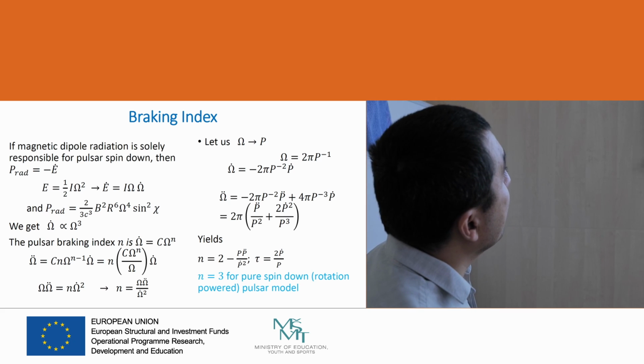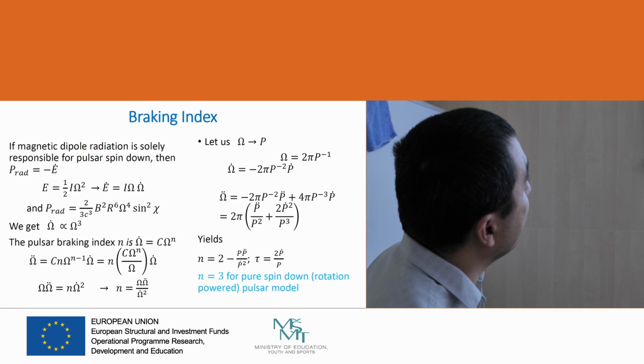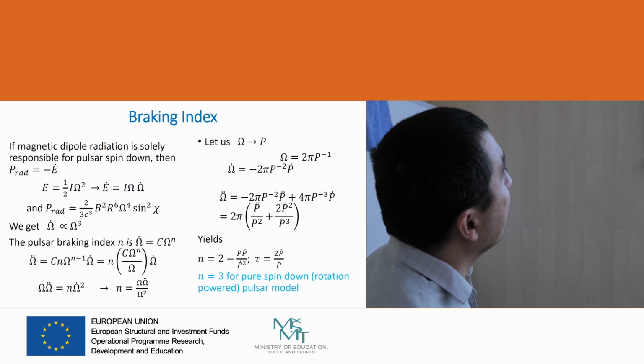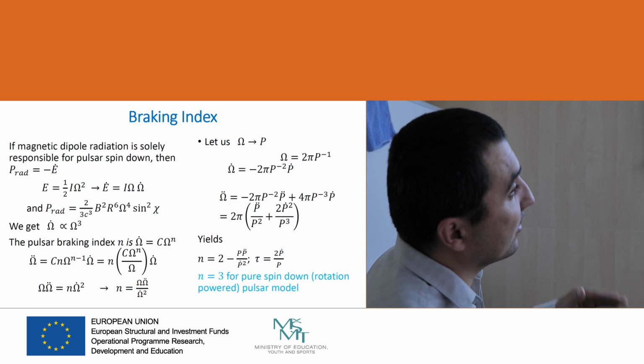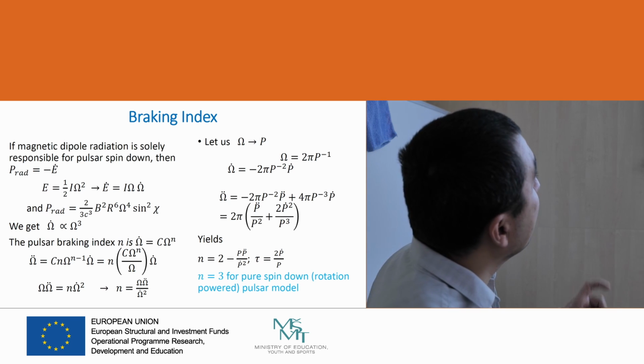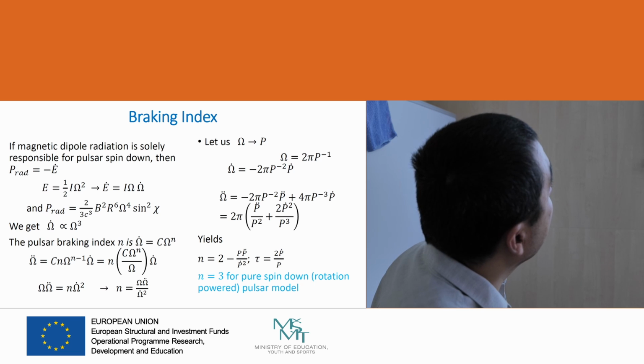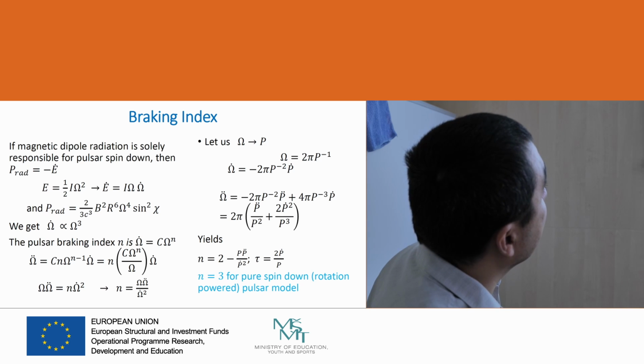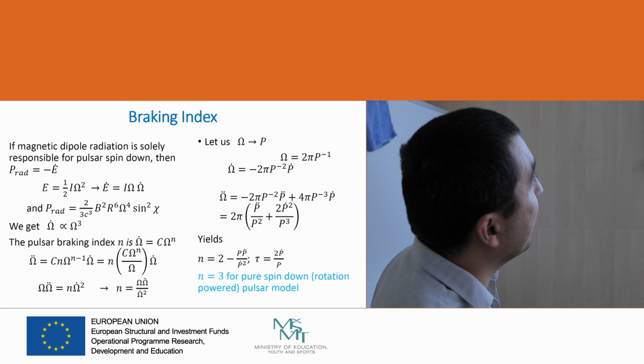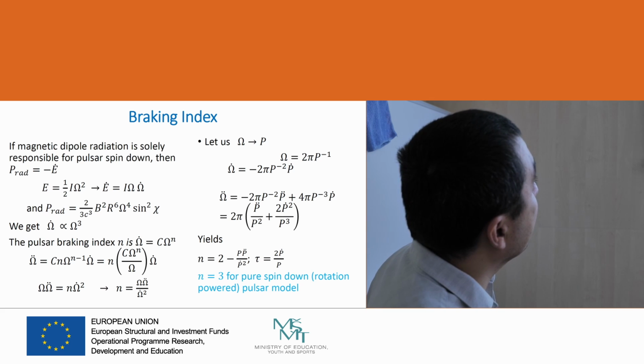The rotation luminosity of radiation comes from the energy losses. On the other hand, we calculate the dipolar radiation in this form, and here we can compare these results.